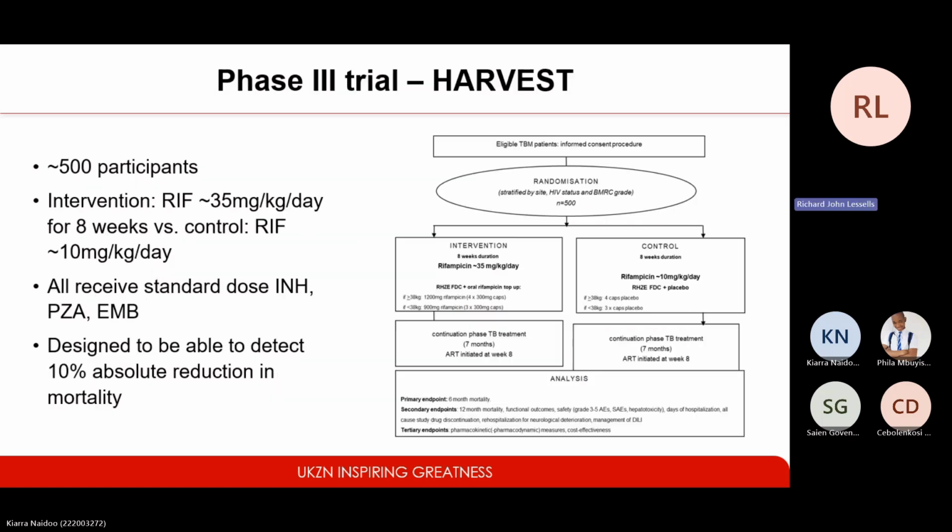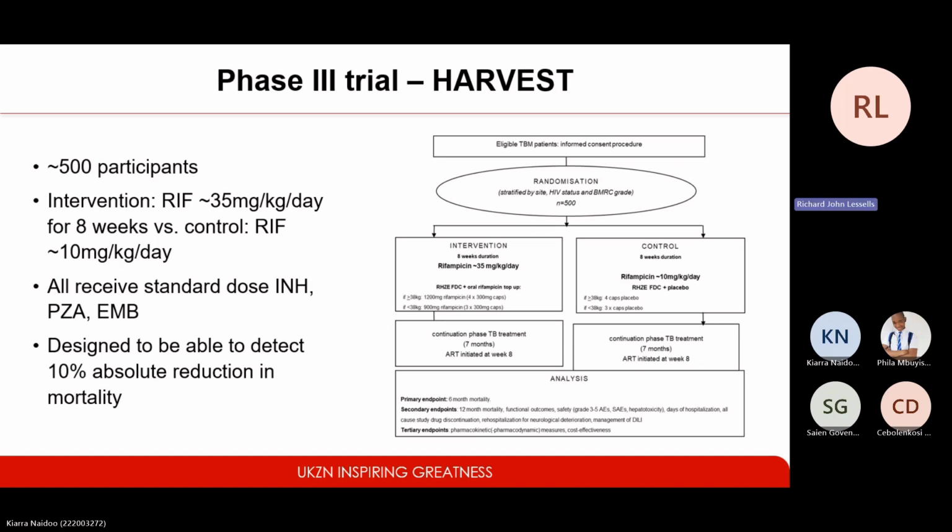And that's what we've been doing over the past few years. We've been contributing to a phase 3 trial where we're testing this higher dose of rifampicin, 35 milligrams per kilogram for the intensive phase, against the control, where we just give the standard dose, standard Rifa-4, and that's 10 milligrams of rifampicin.